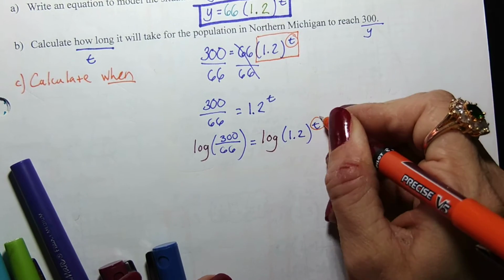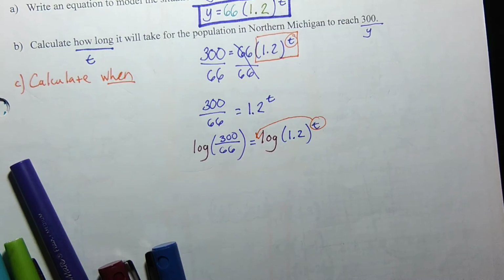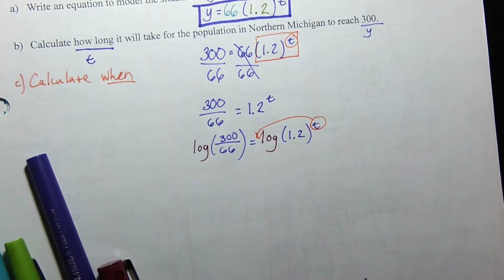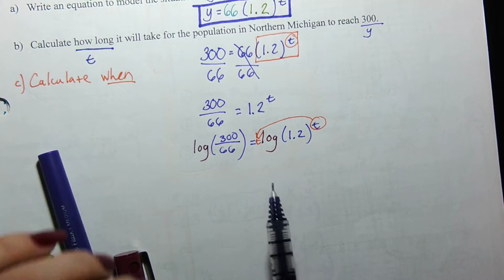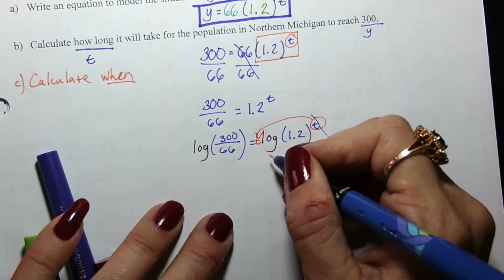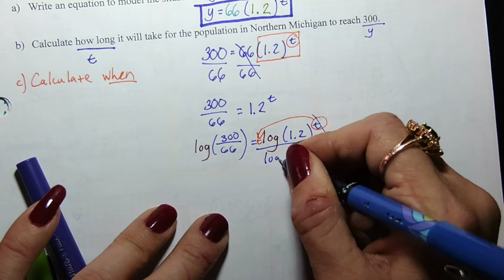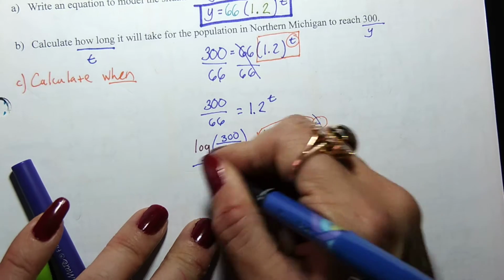And what having that log allows me to do is move that t out in front as a coefficient. And I'm going to be a little bit lazy here and just write that t at ground level and then divide by log of 1.2 in one fell swoop.